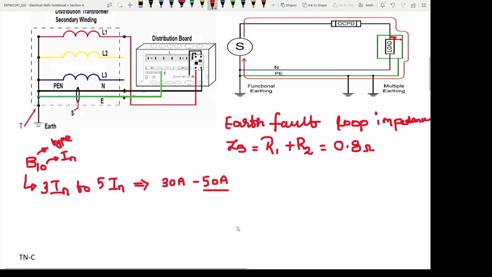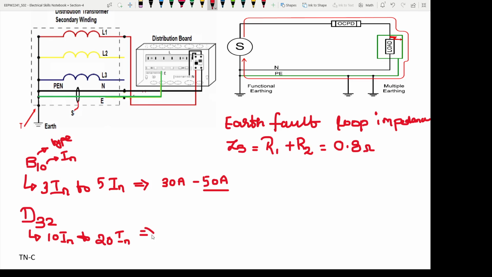Let us take one more type of MCB, D32. For D type, the trip range formula is 10In to 20In.